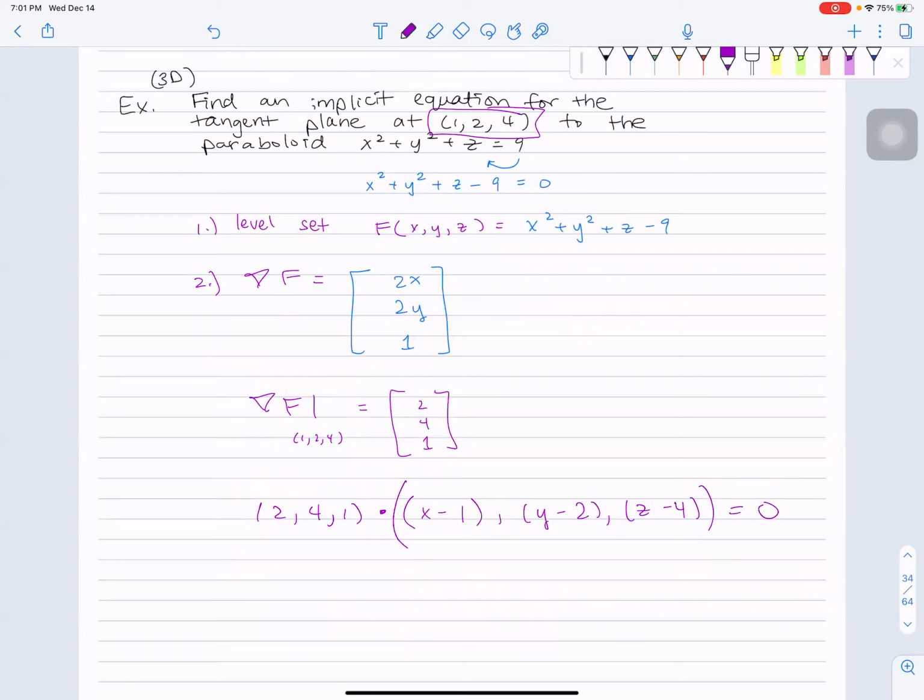What does a dot product do? It multiplies each component and adds them together. So I have 2 times x minus 1, plus 4 times y minus 2, plus 1 times z minus 4, equals 0. If I rewrite this, I get 2x plus 4y plus z equals 14. So this is our tangent plane in R3.